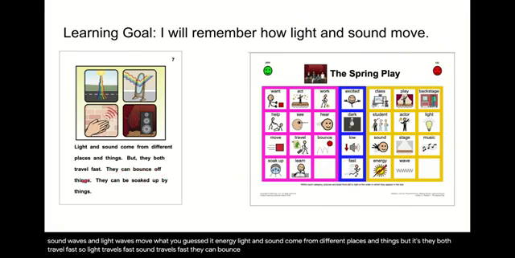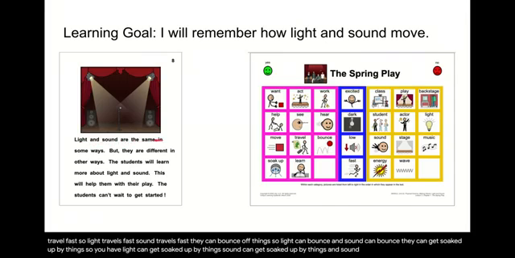They can bounce off things. So light can bounce and sound can bounce. They can get soaked up by things. Light can get soaked up by things. Sound can get soaked up by things.